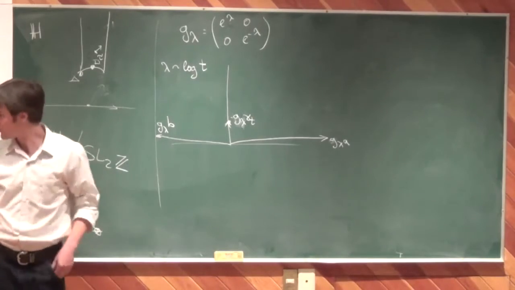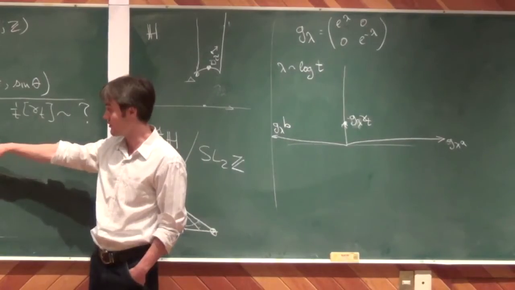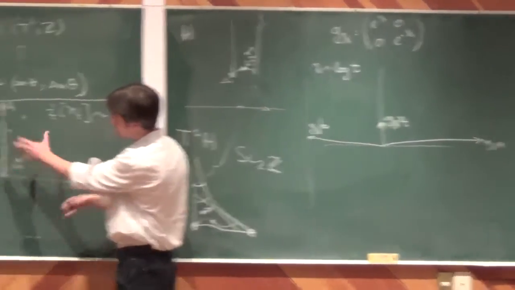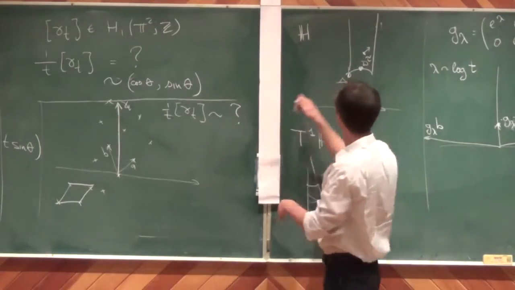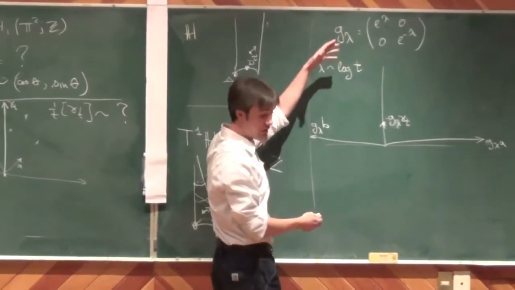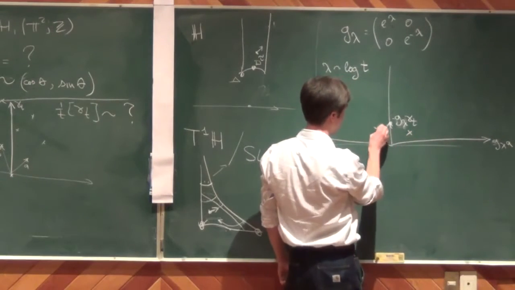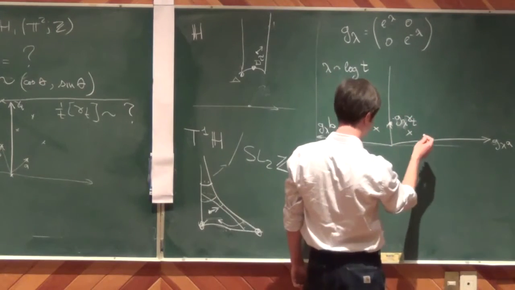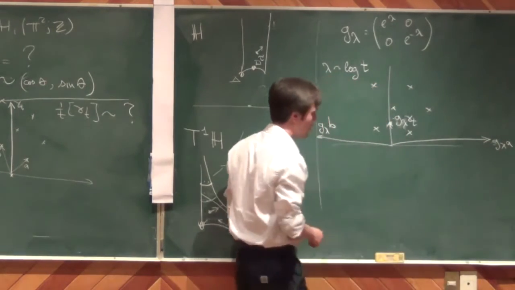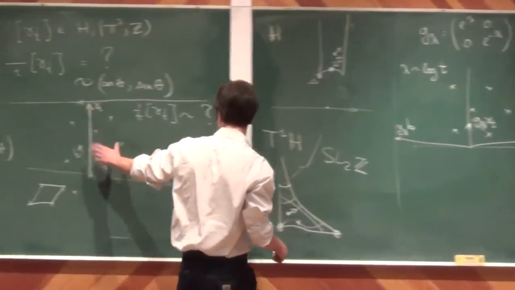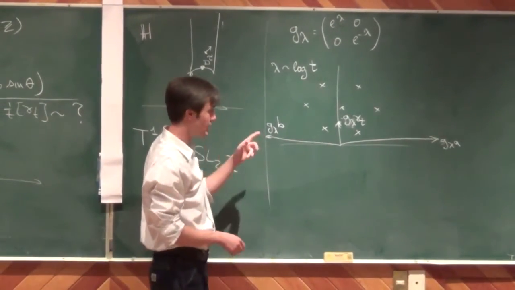But notice, however, that the lattice itself does not need to be very deformed. So if you apply this matrix, the lattice itself could be a perfectly nice lattice, even though this lambda could be rather large. So you still have some lattice, which need not look at all like this lattice, but it doesn't need to be at all deformed in any way.